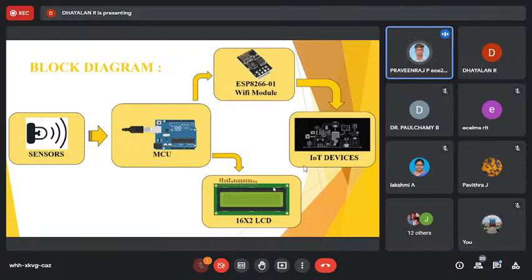Next, we use the pulse sensor. Basically, the pulse sensor has two sides. On one side, it has an LED and an ambient light sensor, and on the other side, it has circuitry for noise cancellation and amplification. Once the heart pumps, blood flows across the veins of the body.